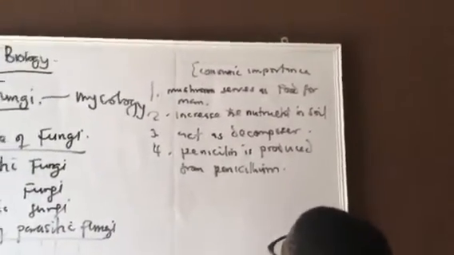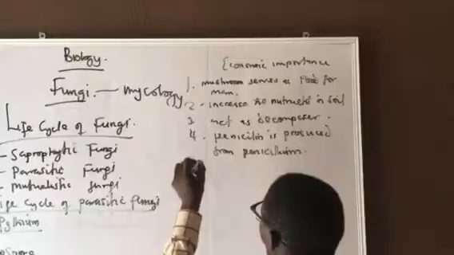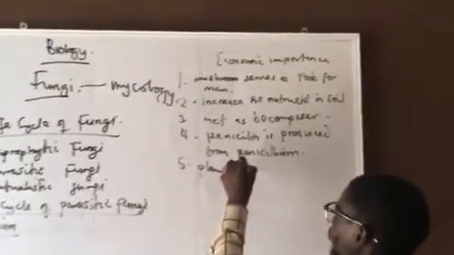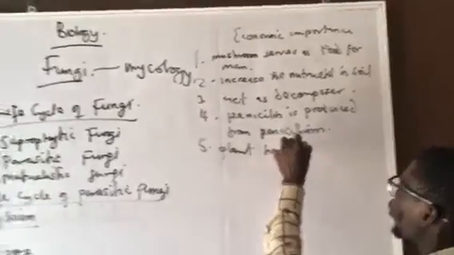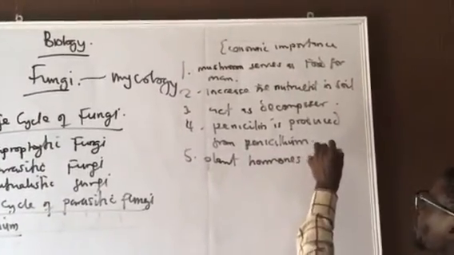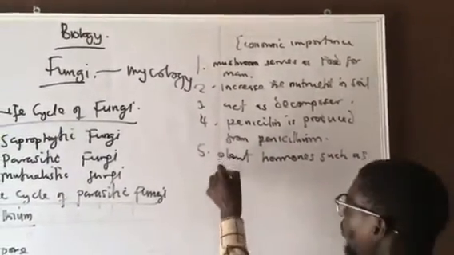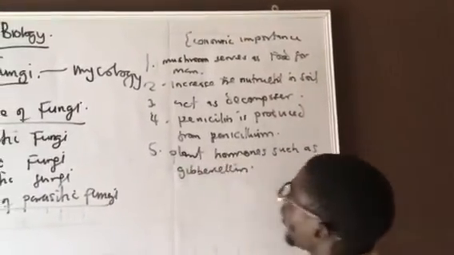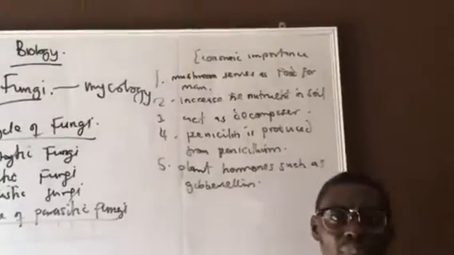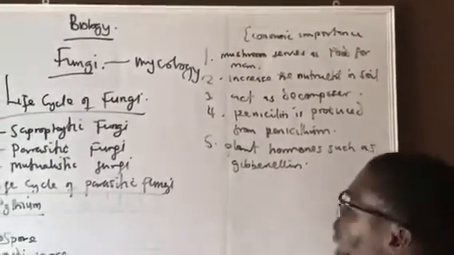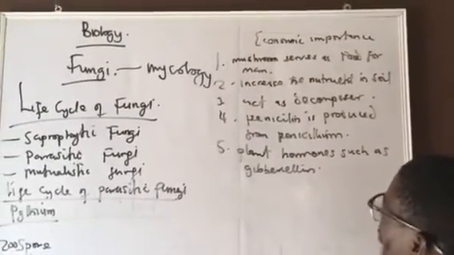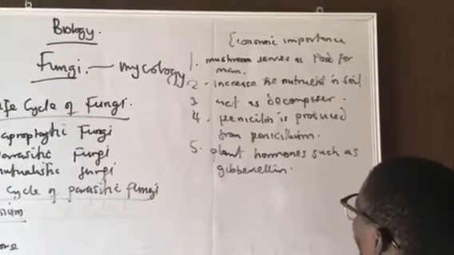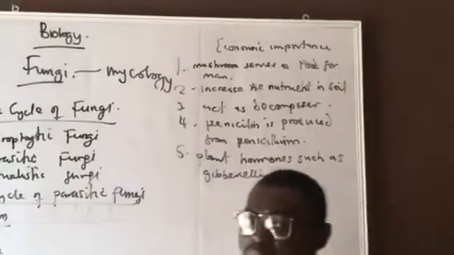So we also have another one, production of plant hormones, such as gibberellin, from Gibberella fujikuroi. They are also used in the production of some enzymes. They are used in the production of hormones. Fungi are very important.